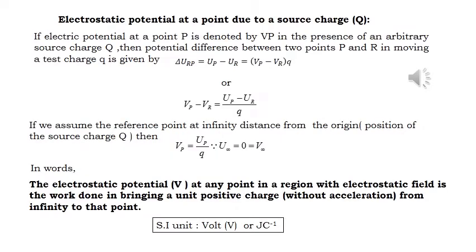The next discussion, after potential energy at a point due to a source charge on a test charge, is electrostatic potential V, at a point P due to a source charge capital Q. Look at the statement.